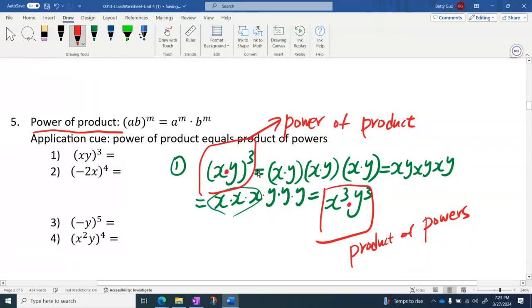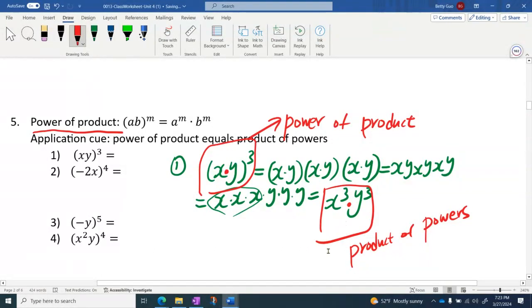Third power of the base, and the base is a product, so power of a product. On the right side, we have a product: the bigger structure is two powers multiplied together. Product of powers. The first power is x cubed, the second power is y cubed.